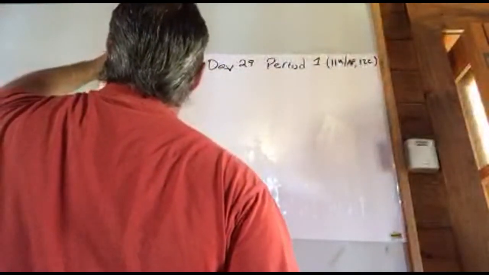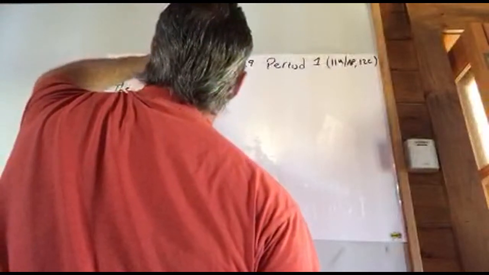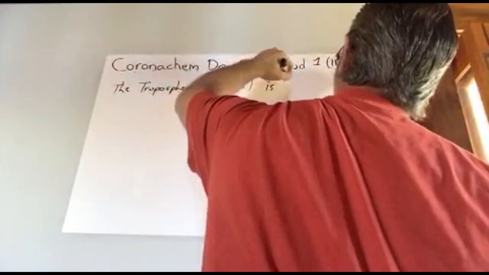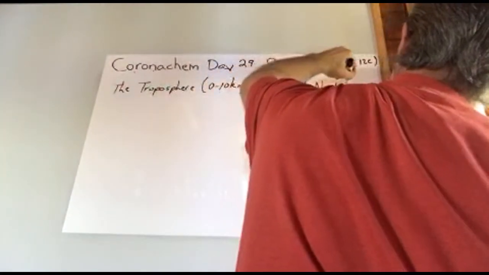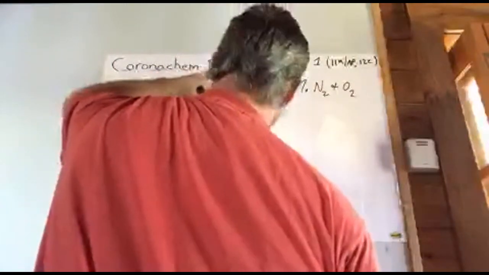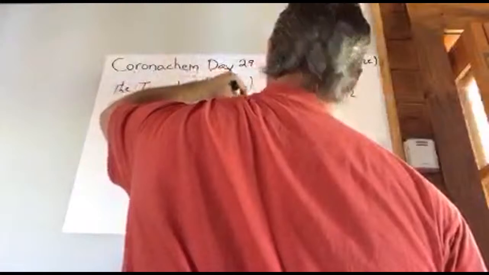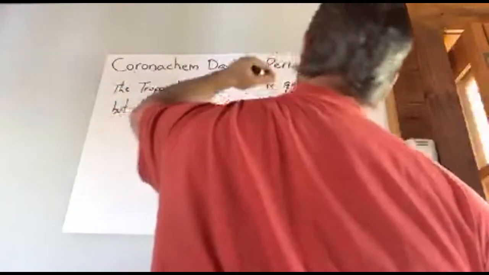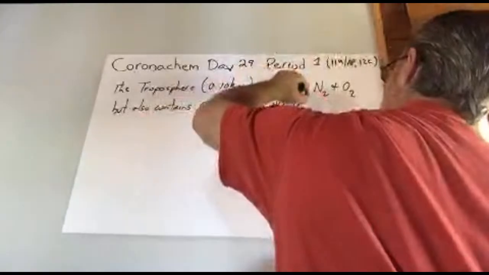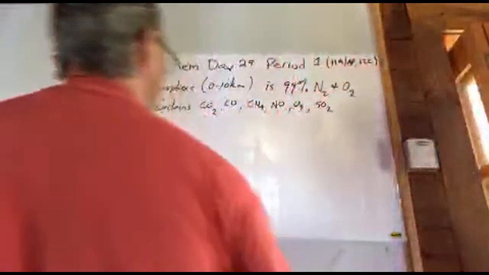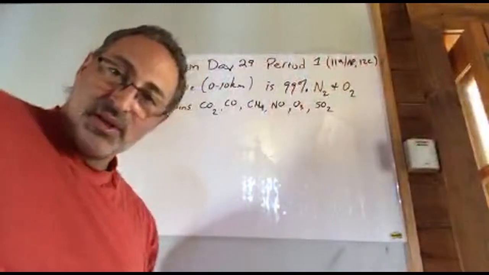The troposphere, which is extending from 0 to 10 kilometers altitude, is 99% nitrogen and oxygen, but also contains CO2, carbon monoxide, methane, nitrogen monoxide, ozone, and sulfur dioxide.